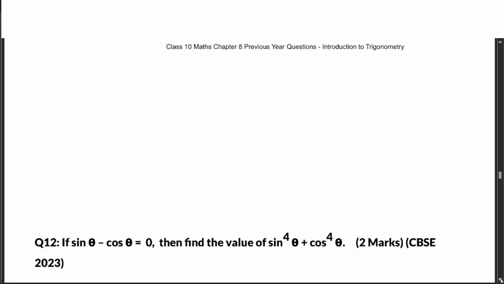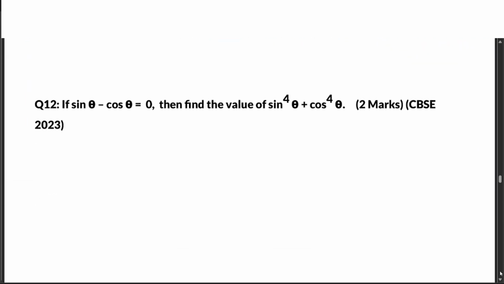Now coming to the next question, again 2 marks, from 2023. It is also very easy. It is saying, if sin theta minus cos theta is equal to 0, find the value of sin to the power 4 theta plus cos to the power 4 theta.